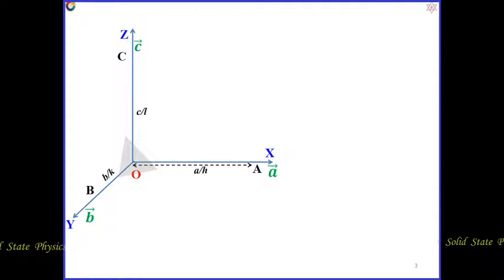Now we draw another plane ABC, having intercepts a by h, b by k, c by l, which is parallel to the initial plane. The distance between the two planes is called the interplanar spacing.